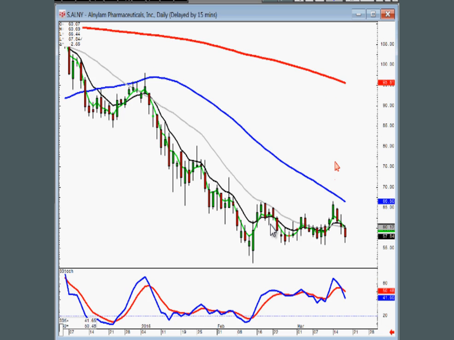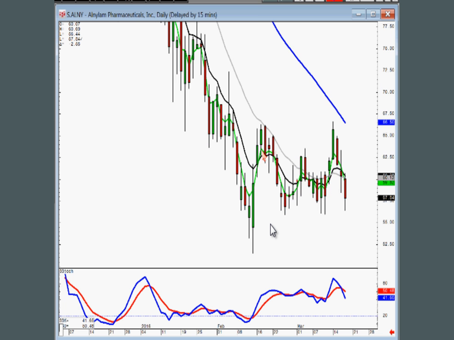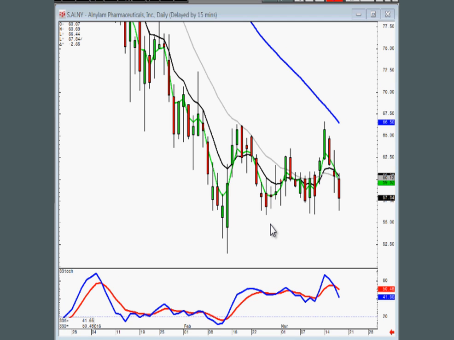And ALNY, yes, there's your bearish doji sandwich. Make this a little bit bigger. Bearish doji sandwich. And what do we know about a doji sandwich? There's usually going to be more in that direction.